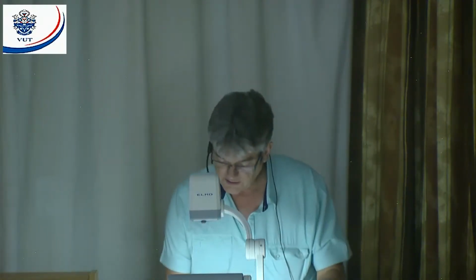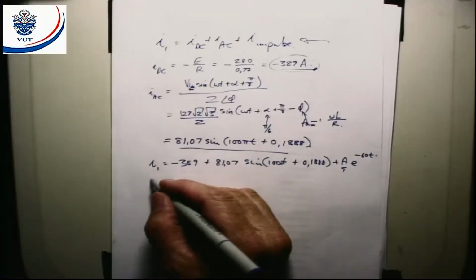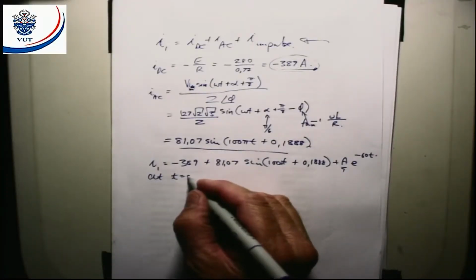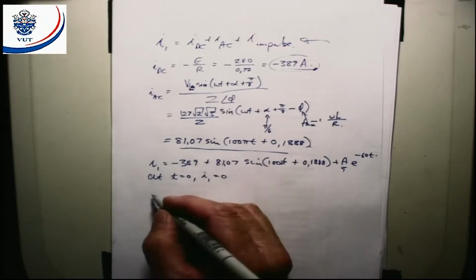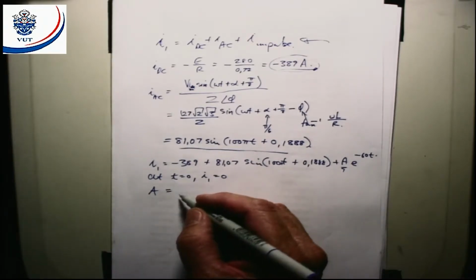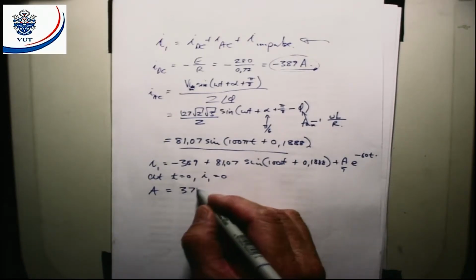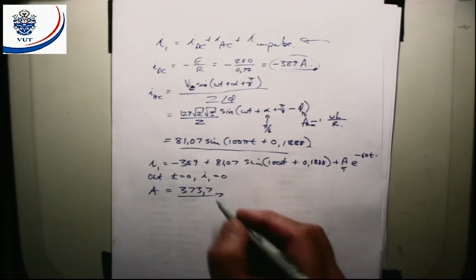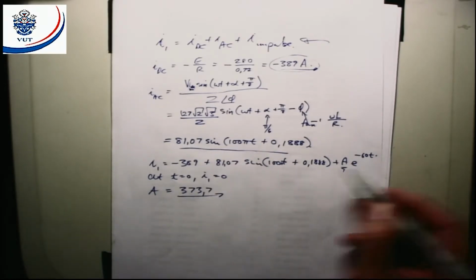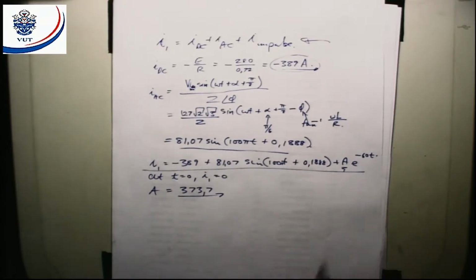Okay, 100 pi t, thank you. But we said our current is going to start off at 0. So apply initial conditions to solve for A. At t equal to 0, I1 is equal to 0, and we solve that A is equal to 373.7. And then we put this back into that equation, and we have an equation for I1.